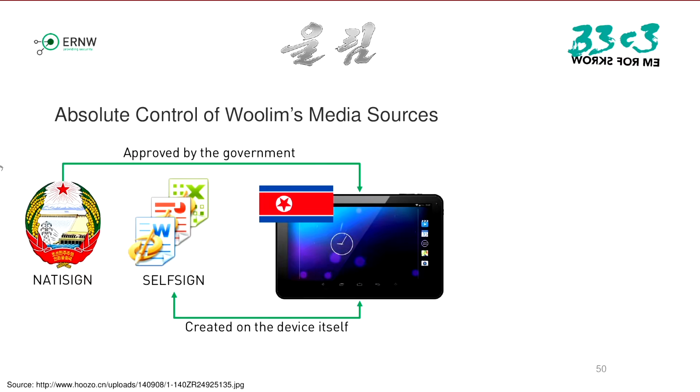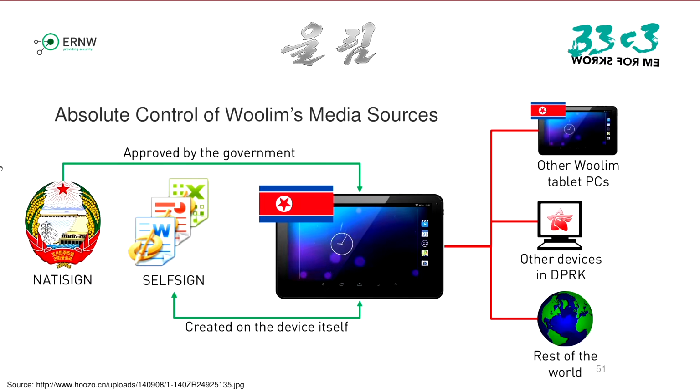If I have a friend with another Woolim device and he takes a picture with his camera, he cannot just put it on a removable media and give it to me, and I'm basically not able to open this file because the signature, or basically the legal reference in the signature, is wrong. And they're really not only shutting down what is inside of North Korea at the moment, like different Woolim devices and, for example, Red Star devices, but also everything that is coming from outside of North Korea.